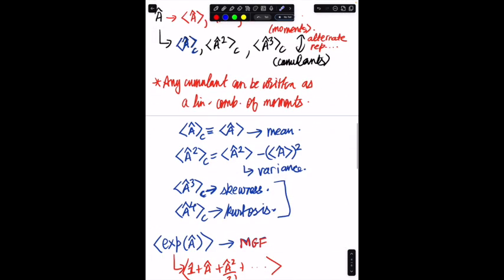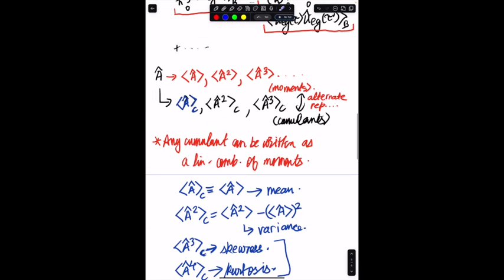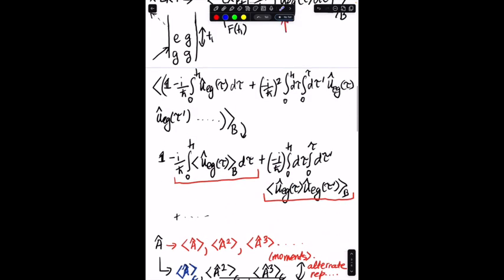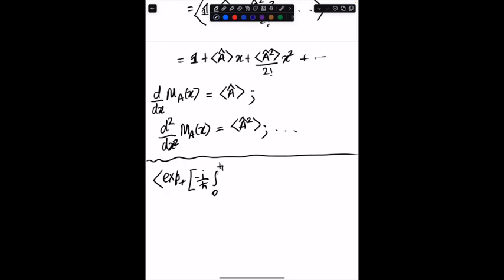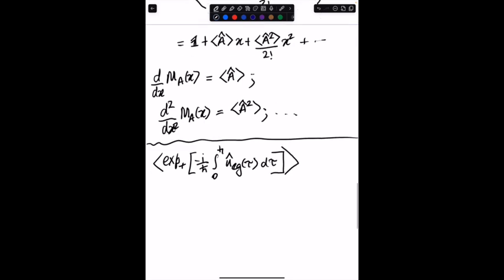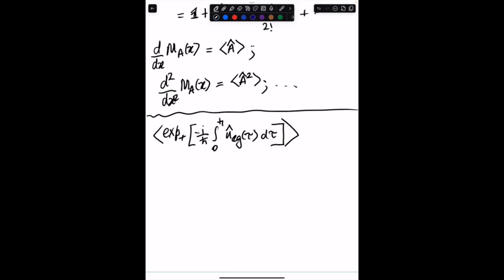Now, as I just mentioned, the cumulants are just linear combinations of your moments. So when you take your moment generating function, or the function which is the expectation of the positive time ordered exponential from 0 to t1 of u e g tau d tau, this is generating my moments.